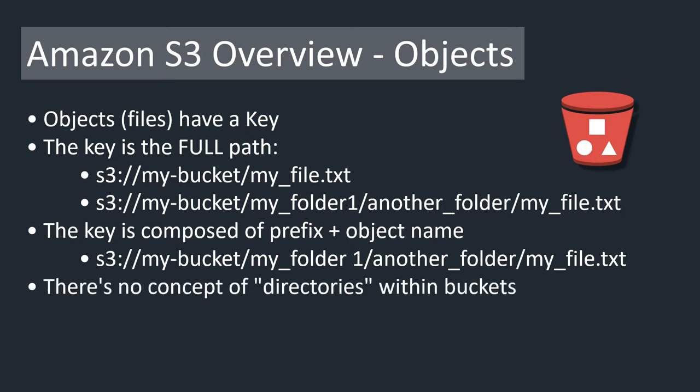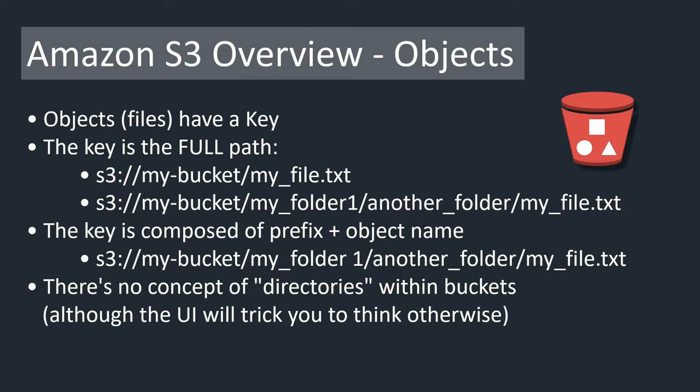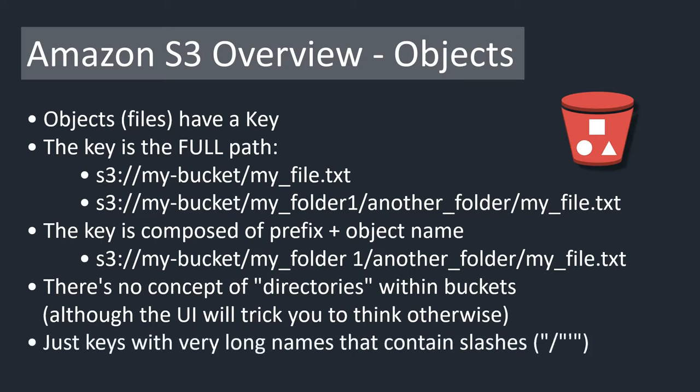So even though there is no concept of directories within buckets, just very long key names, the UI will try to trick you into thinking otherwise, because we cannot really create a directory within S3. What we really have in S3 is just keys with very long names that contain slashes.